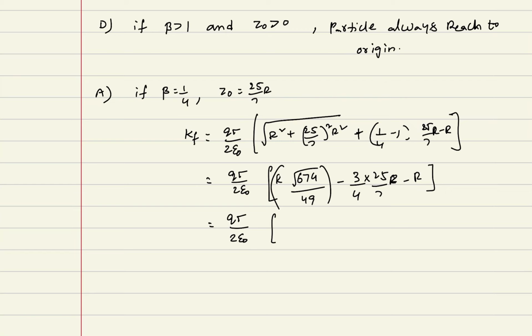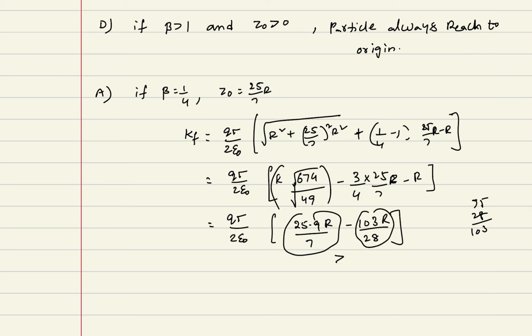If you calculate the value of root 674 minus this, you will get something like 25.9 divided by 7 r minus 75 by 28, that is 103 r divided by 28.